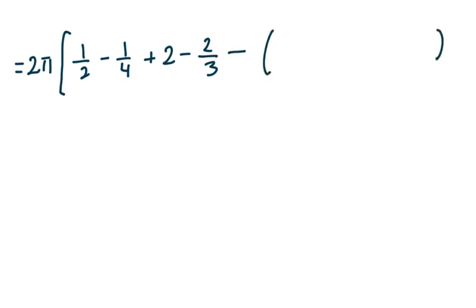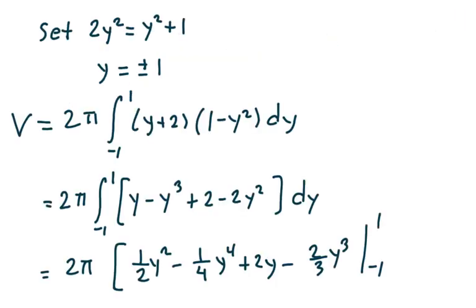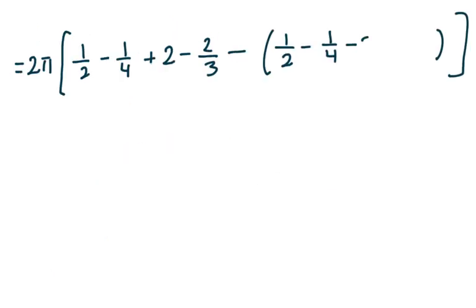When I plug in -1, I still start off with 1/2 minus 1/4. But when I replace y with -1, I get -2 over here, and plus 2/3 over there. So it's minus 2 plus 2/3.